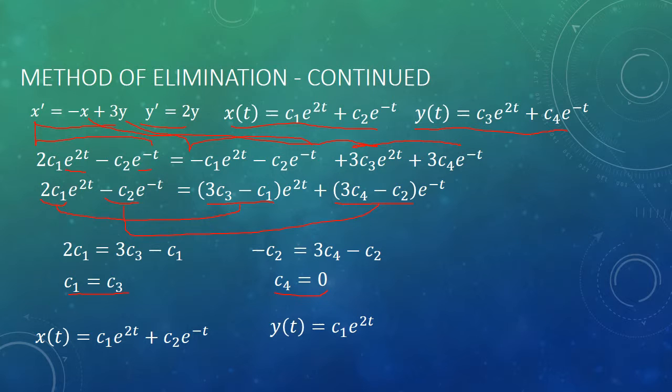So now I've removed a total of 2 constants, and I'm only left with 2. So in general, I can write x this way, and I can write y this way, and that will be my solution to this system of equations.